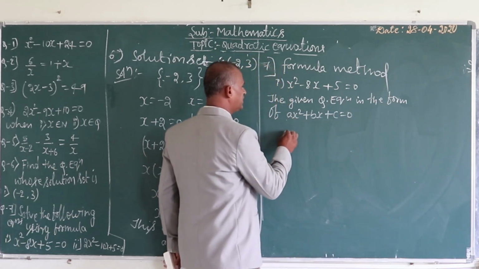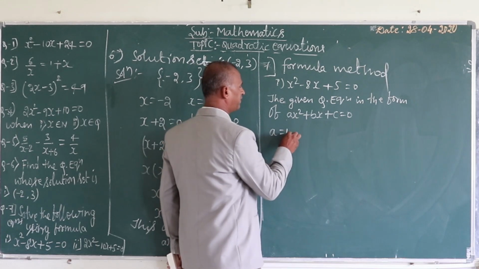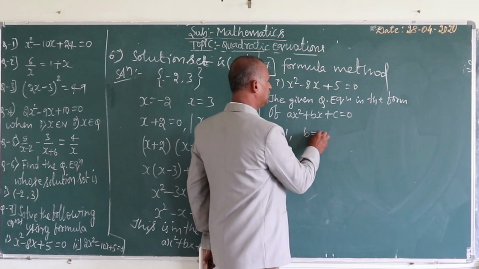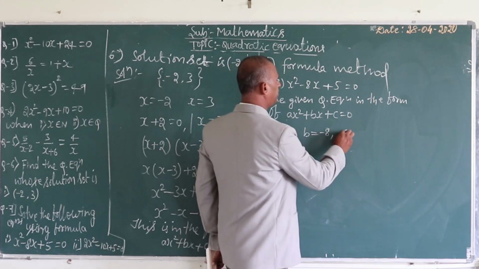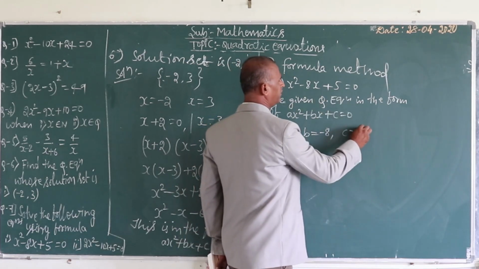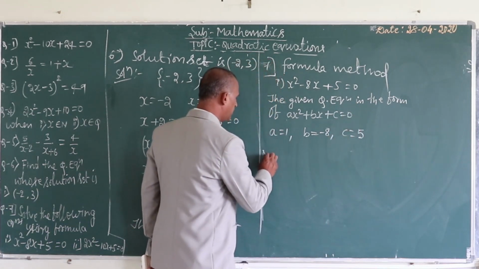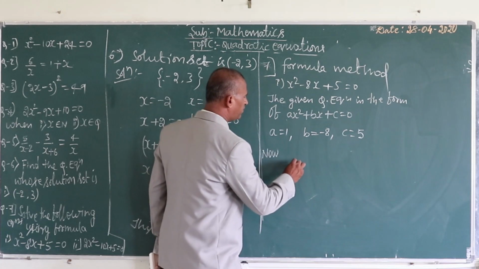Now we will write a is equal to 1, in the place of a, nothing is there means 1. In the place of b it is minus 8. In the place of c, what is there? 5.